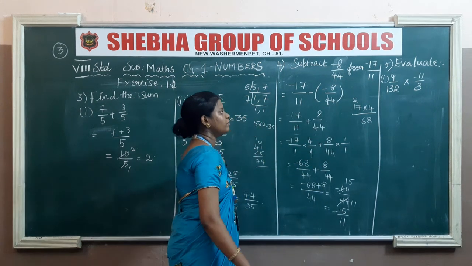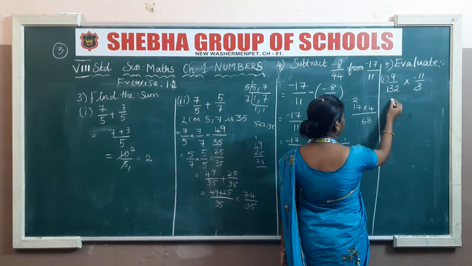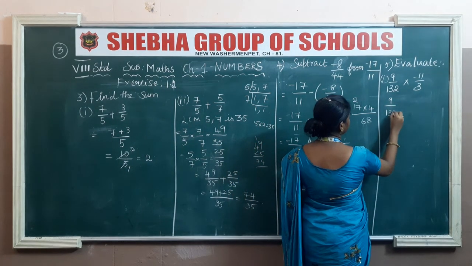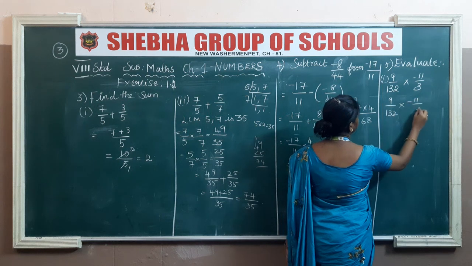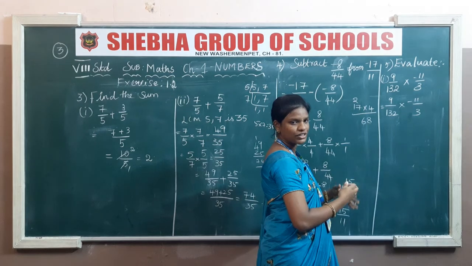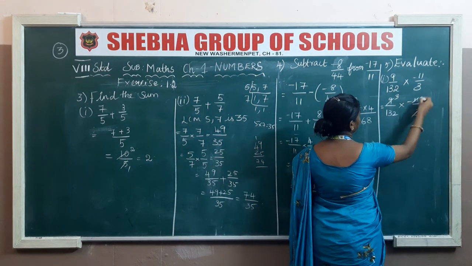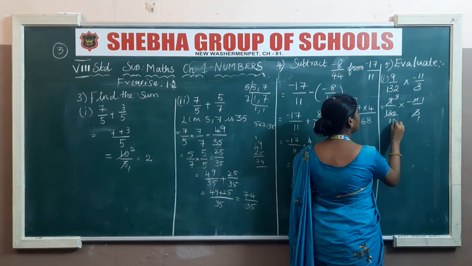The next sum we have to evaluate, the fifth sum: 9 by 132 into minus 11 by 3. Actually we have to cancel it, multiplication cancel. 3 ones are 3, 3 threes are 9. 11 ones are 11, 11 twelves are 132.